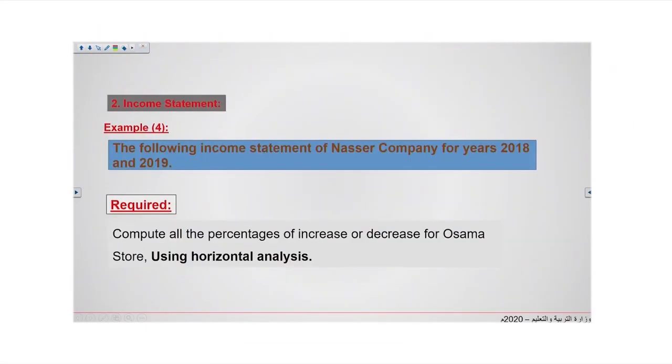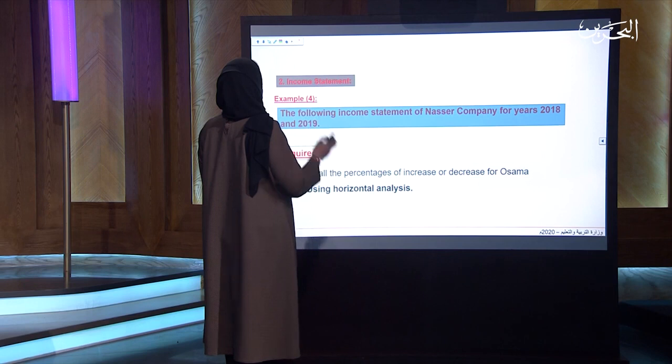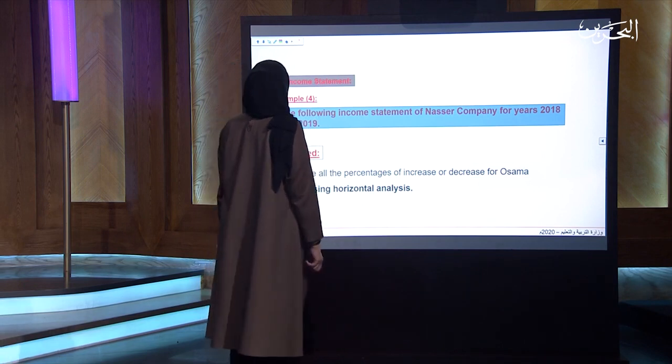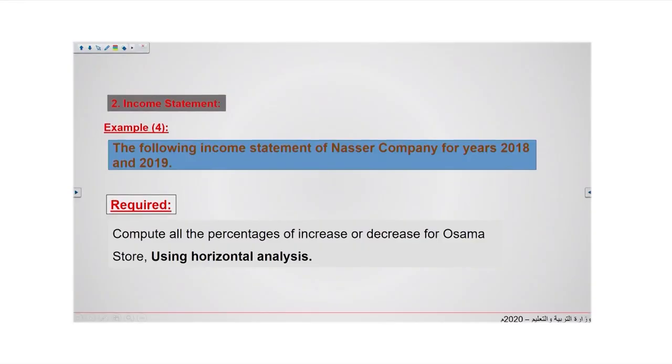Okay, let's do horizontal analysis for the income statement. Let's see example 4. The following income statement of Nasser Company for year 2018 and 2019, required: compute all the percentage of increase or decrease for Osama store using horizontal analysis.